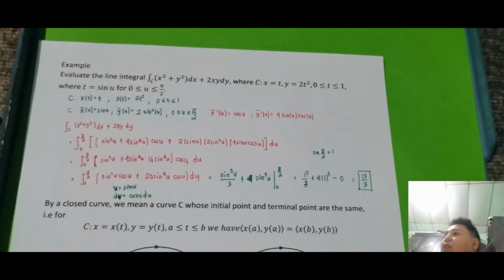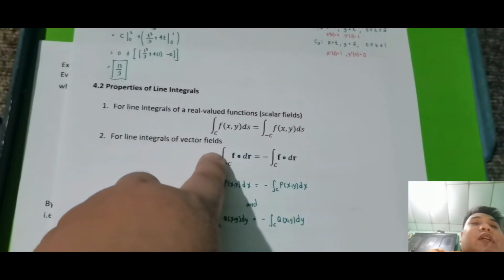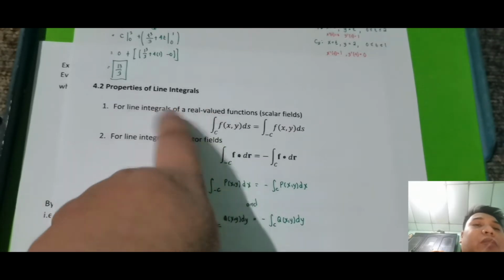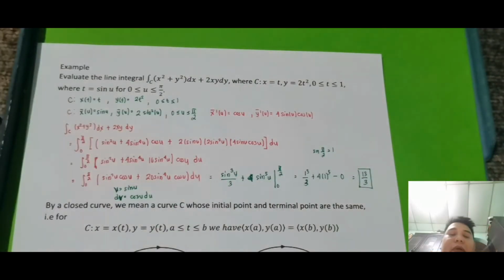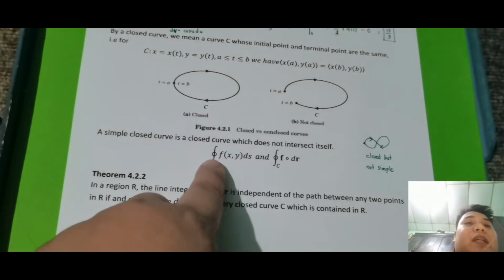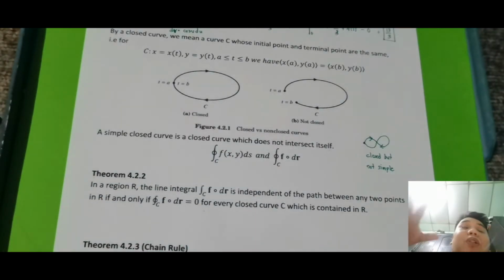Kung napansin mo, ang notation natin una is integral lang, walang ibang drawing, integral sign lang. Pag alam mo na siya ay simple closed curve, ang integral niya is something na ganyan, may circle. Okay, ibig sabihin yan, simple closed curve.